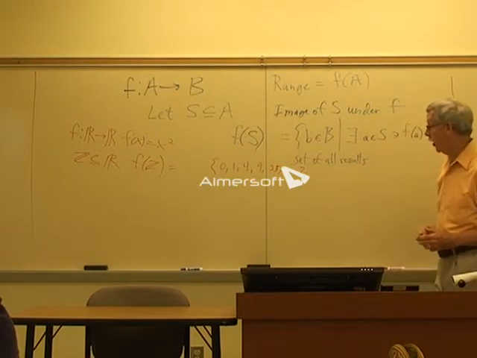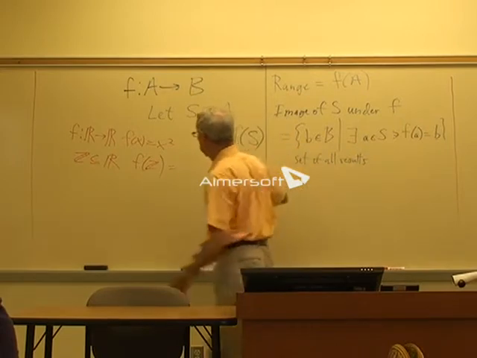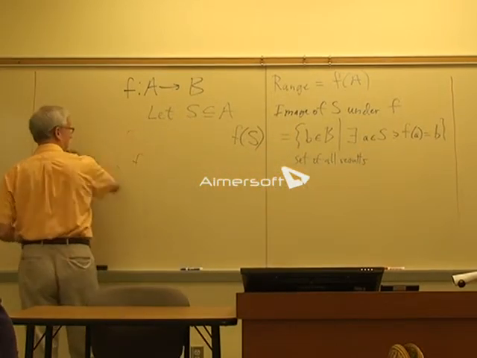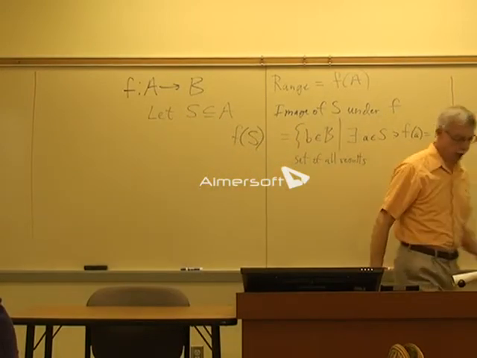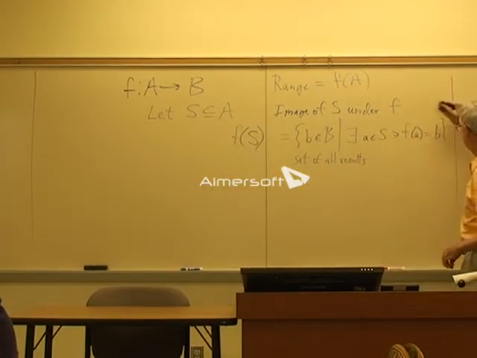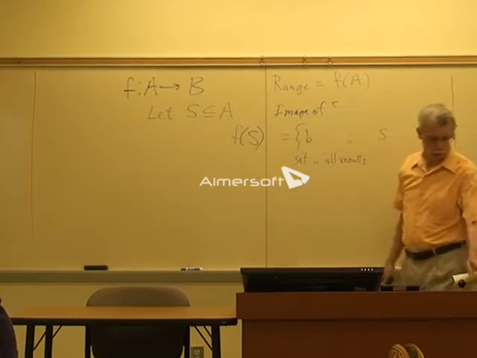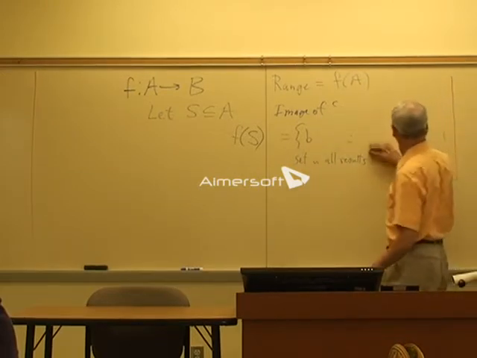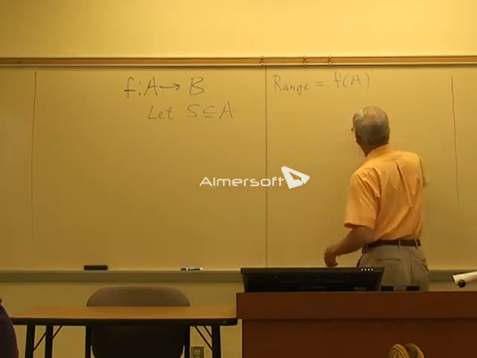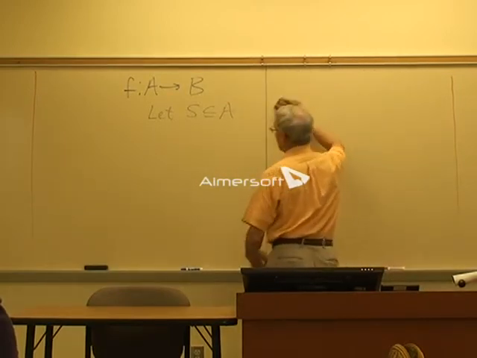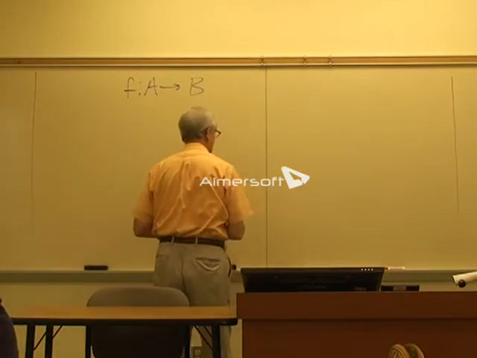Okay, so all this I hope you've seen before somewhere. You should have seen this in discrete. I'm now going to introduce, maybe a little bit more formally, but it's the same ideas. The next thing I'm going to introduce is probably new. It's the idea of a pre-image, and it's really important in algebra.